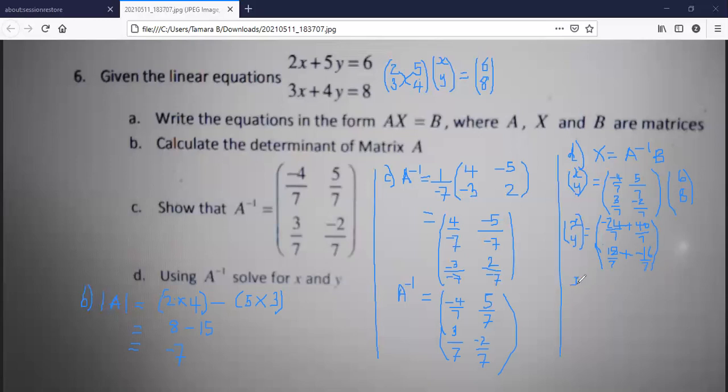So x and y are equal to, so negative 24 plus 40 is the same thing as 40 minus 24, and that's 16 over 7.